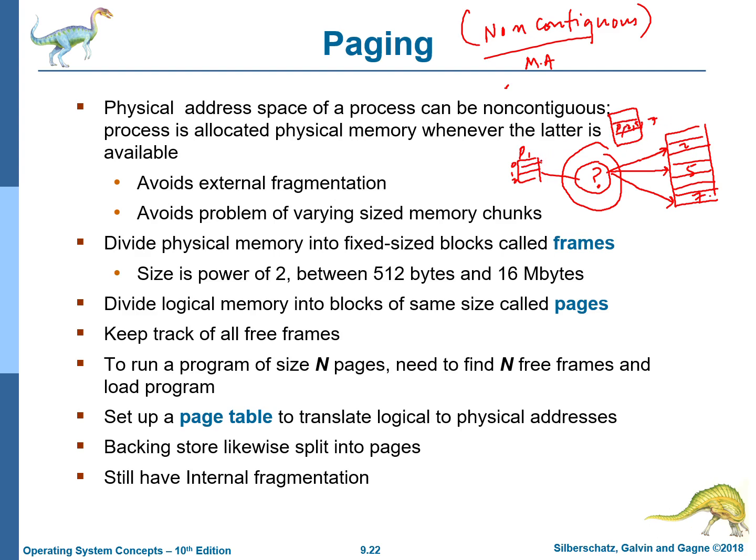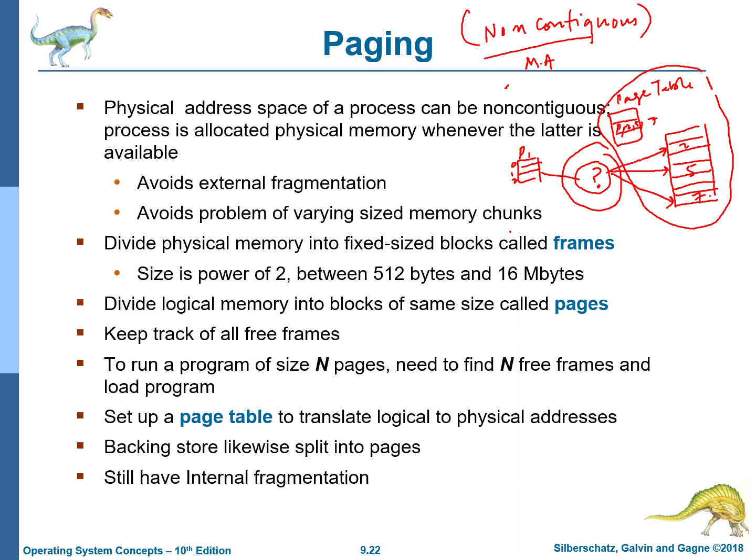So whenever you want to access this, you use the page table. The page table helps you locate the process inside the physical memory. Now this page table is actually part of your main memory. Please remember that page table is part of main memory. Basically, some portion of memory is allocated for maintaining this page table.